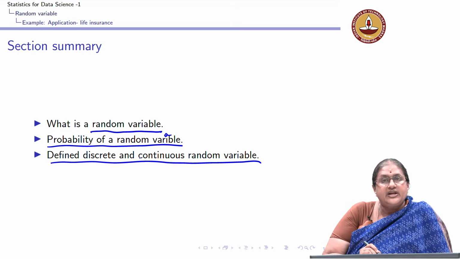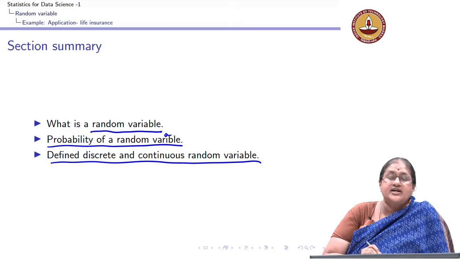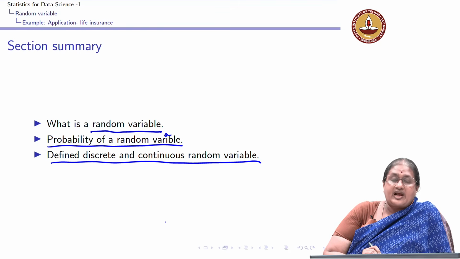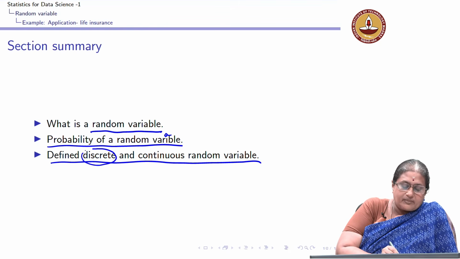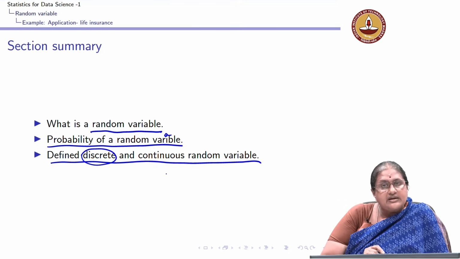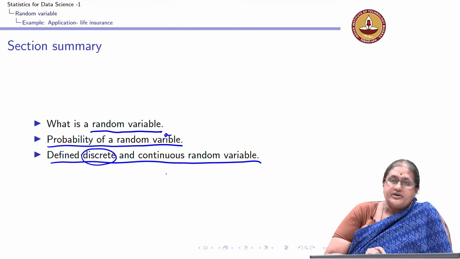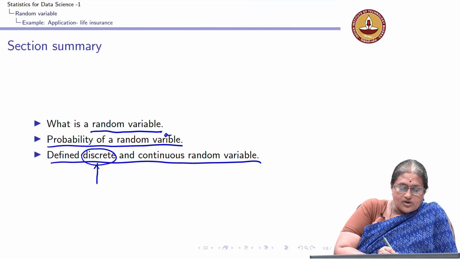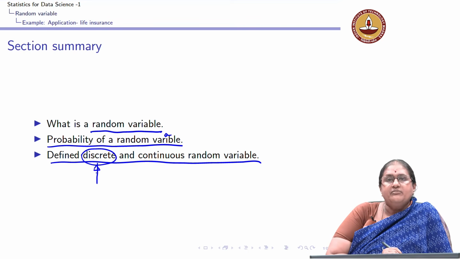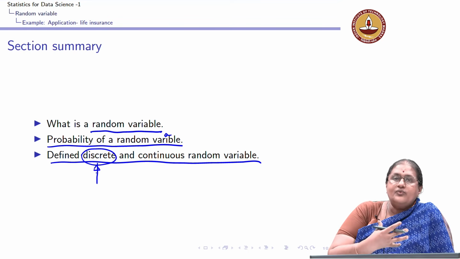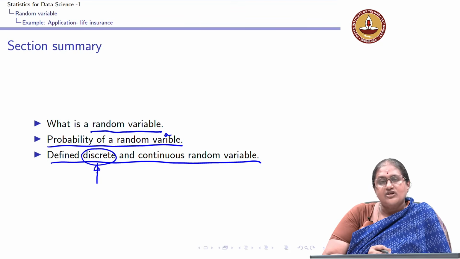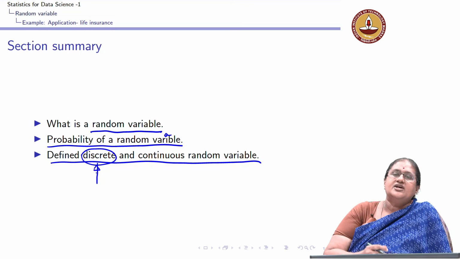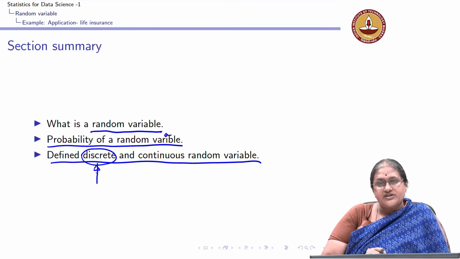We did not give a very rigorous definition of a continuous random variable, but whenever a random variable takes a countable number of values, we typically refer to them as discrete. Otherwise, we refer to them as continuous random variables. So, moving forward, we would focus on discrete random variables and how we describe these discrete random variables in terms of their distribution is what is going to be of interest next.